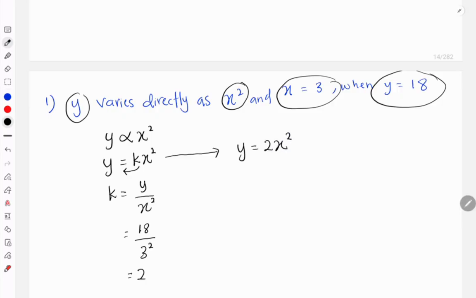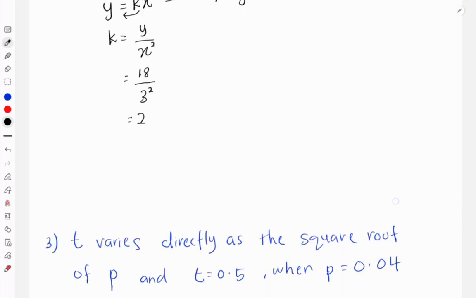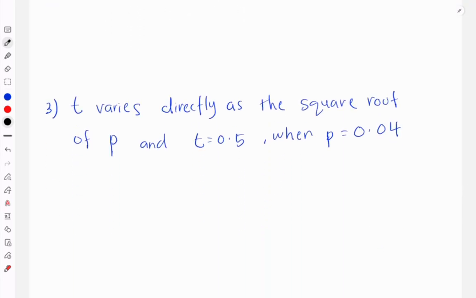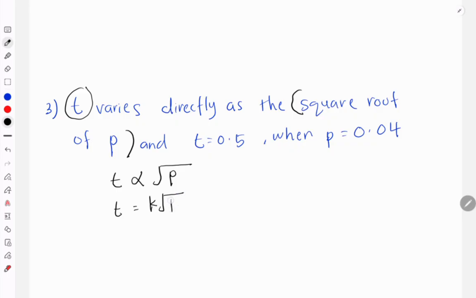Look at another example. t varies directly as the square root of p. So we have t and then we have the square root of p. t varies directly as the square root of p. This is relation form. Next step, equation form: t equals k square root of p. That means k equals t over square root of p.